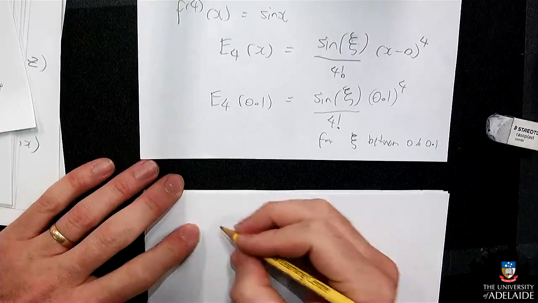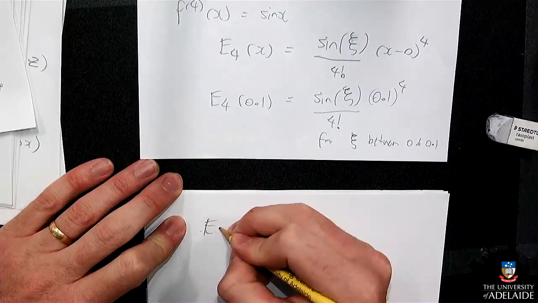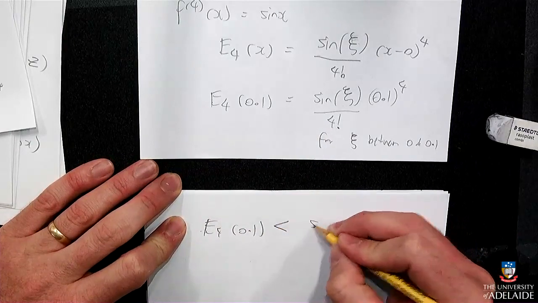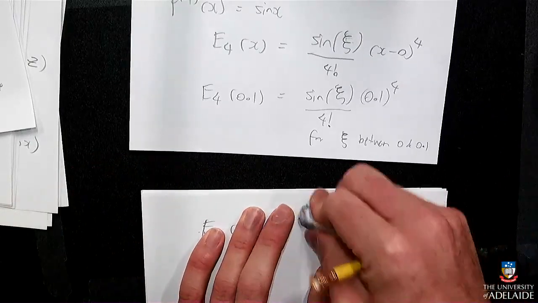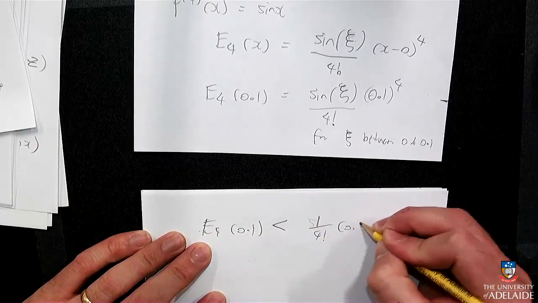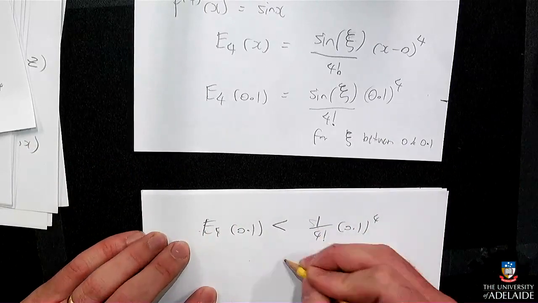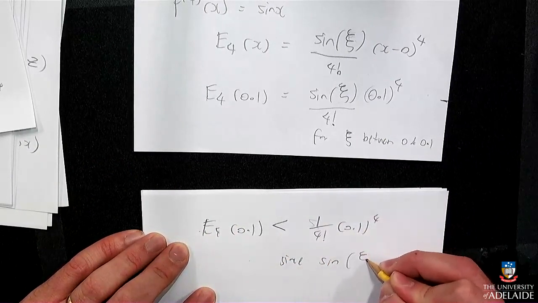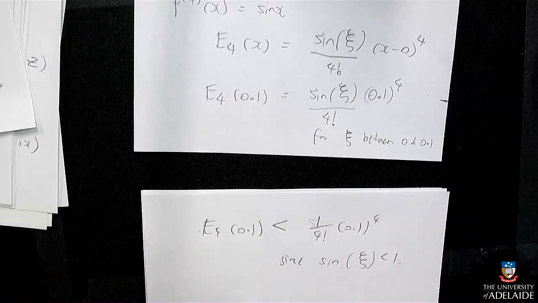So it's totally true that E4 of 0.1 is less than 1 over 4 factorial times 0.1 to the 4, since sine of psi is less than 1. Totally has to be less than that. I mean, that's a really bad estimate.